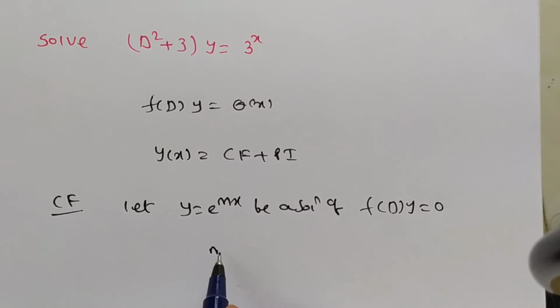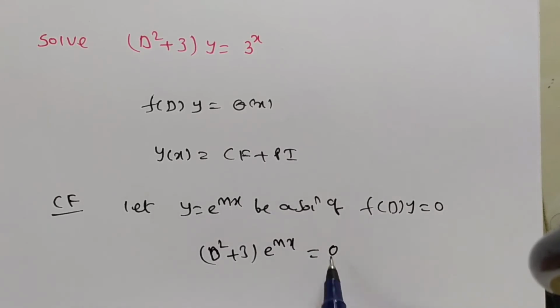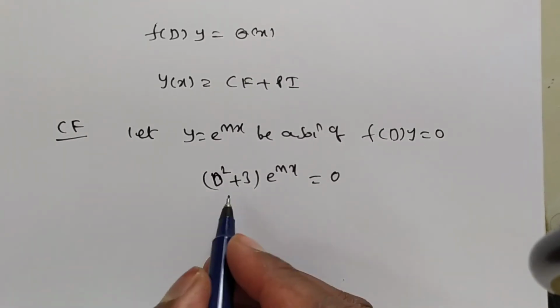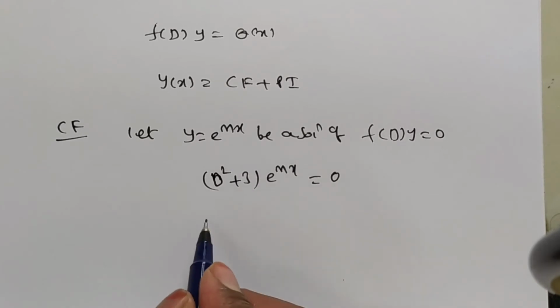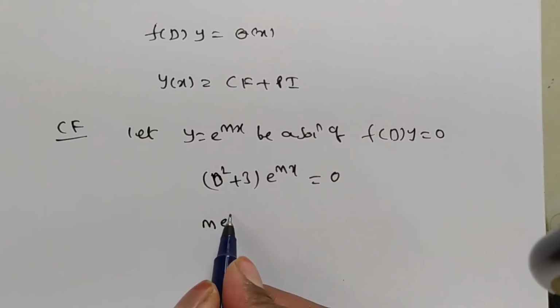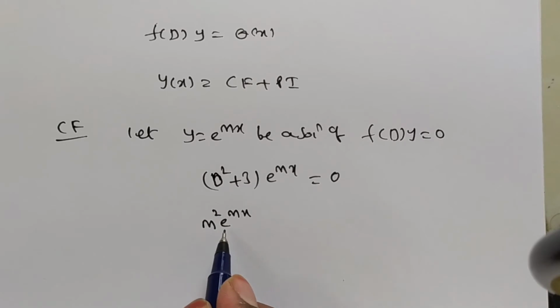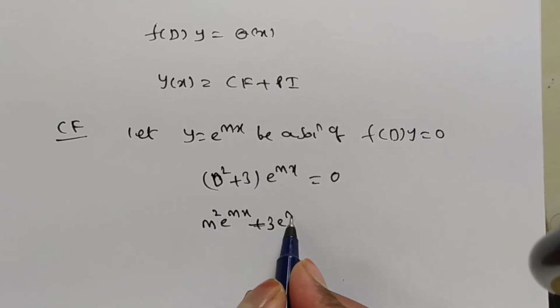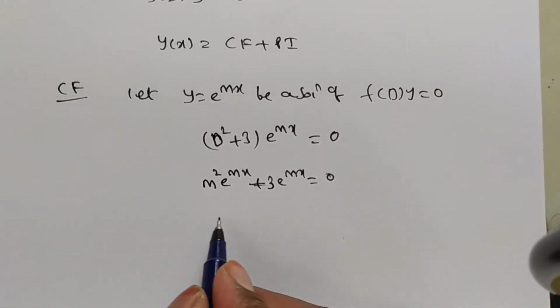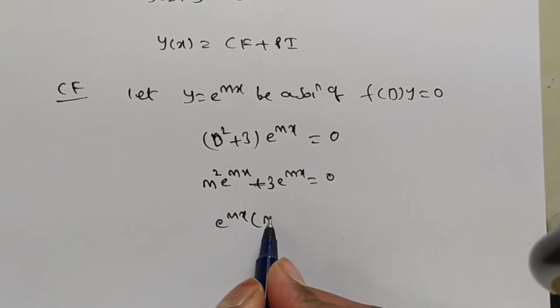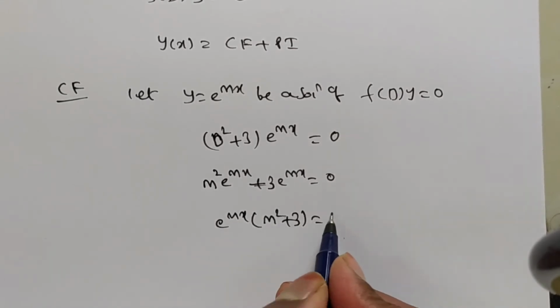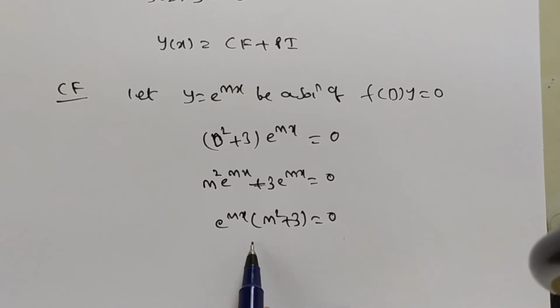The given differential equation is (D square plus 3)y with y equal to e to the power of mx, equal to 0. Differentiating e power mx twice, the first derivative is m e power mx, the second is m square e power mx, so m square e power mx plus 3 e power mx equals 0. e power mx is a common term, so m square plus 3 equals 0. The product of two functions is 0 when either one is 0, and e power mx is never 0.